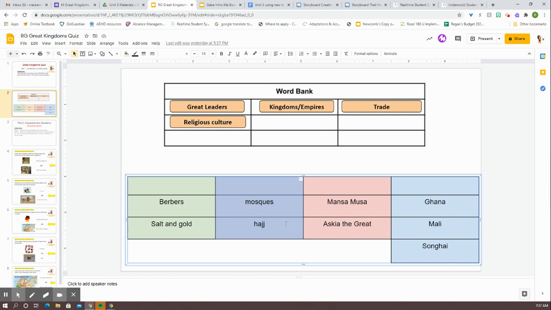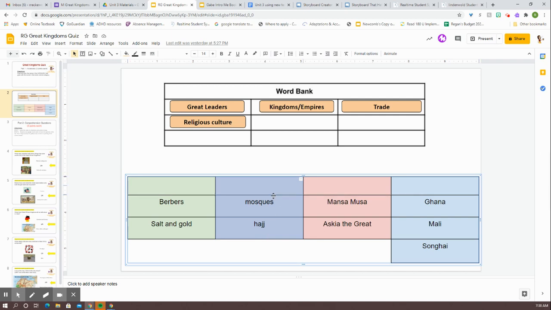and Hajj. I know that a mosque is a religious place, right? It's a place where Muslim people go to pray and have religious services, right? And a Hajj is a pilgrimage that people who celebrate Islam take, meaning that they take a big journey all the way to Mecca at least once in their life.